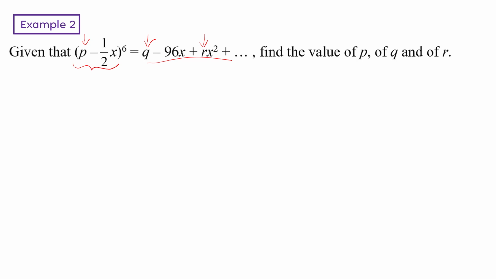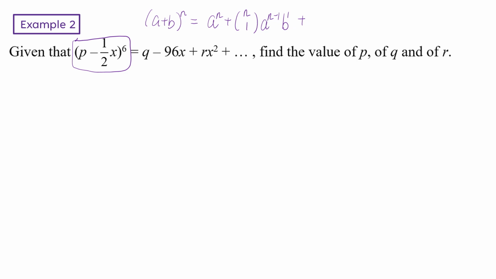Yes, we will have to apply the binomial theorem to expand this term. Let me write down the binomial theorem on the screen so that we can just use it for our expansion.